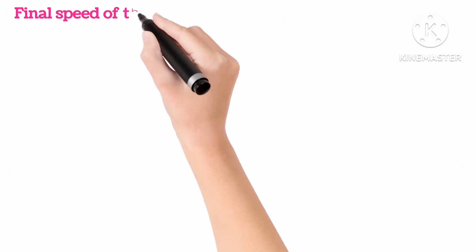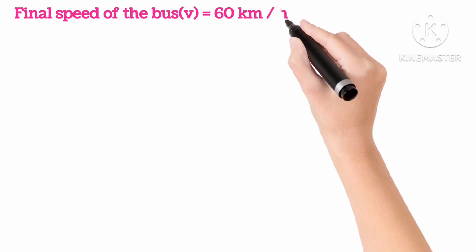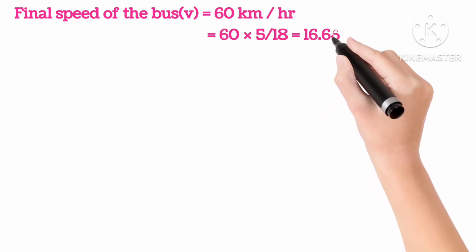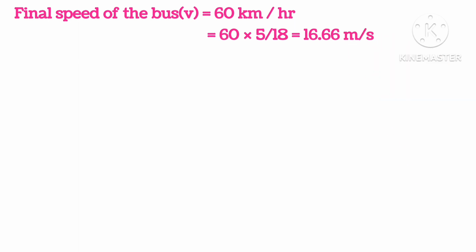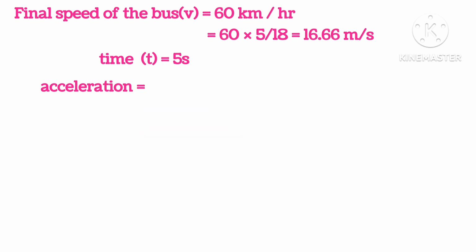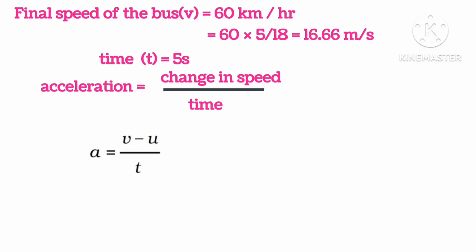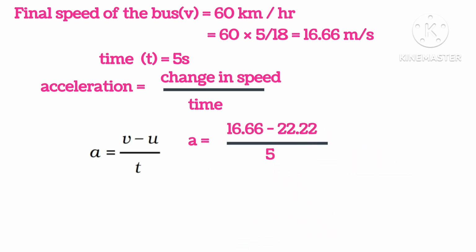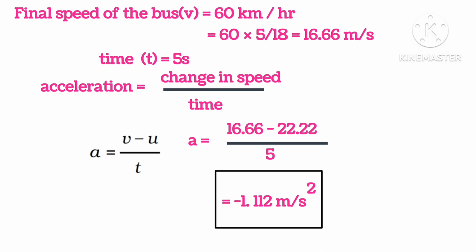The final speed of the bus is 60 km per hour, which is equal to 16.66 meter per second. Time here is 5 seconds. So acceleration, we know, is change in speed upon time. That is, v minus u upon t. Putting the values, we will get acceleration is equal to minus 1.112 meter per second square.